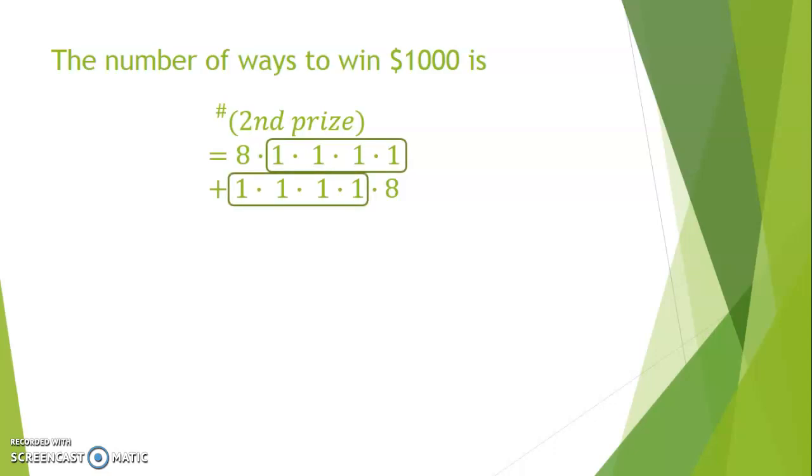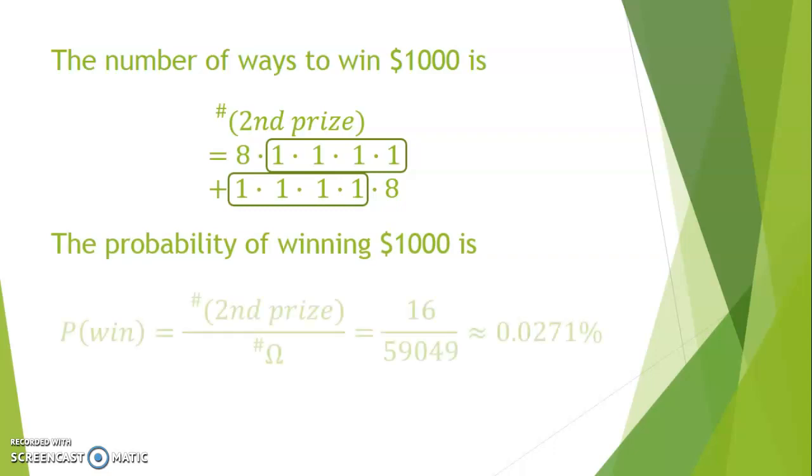The first number has to be an incorrect number, so it's any of the 8 that was not selected when the ball was drawn. Or the last number has to be incorrect, which is if the last digit on our ticket is wrong. So either the first is incorrect or the last is incorrect. That's the addition principle. And so the probability of winning $1,000 is 16 over 59,049, 16 being the 8 plus 8.